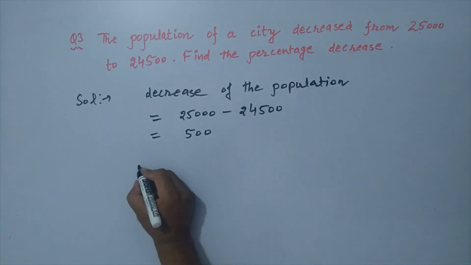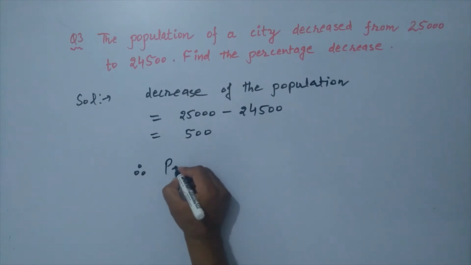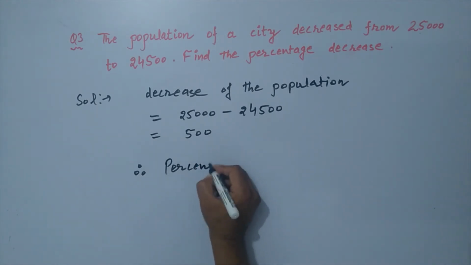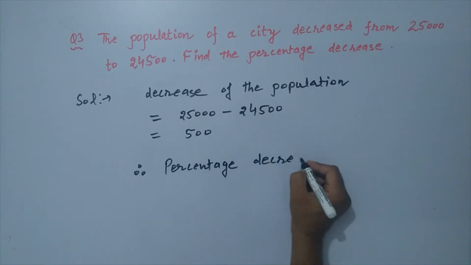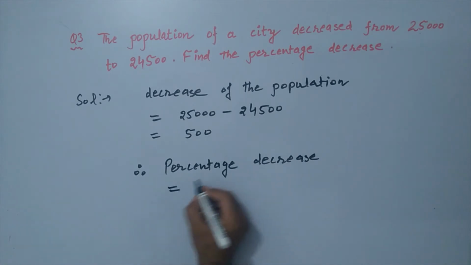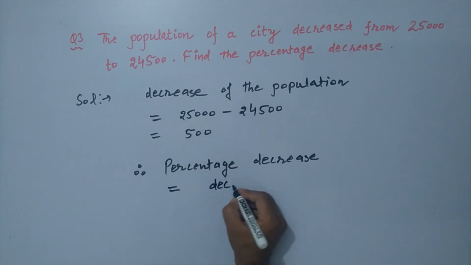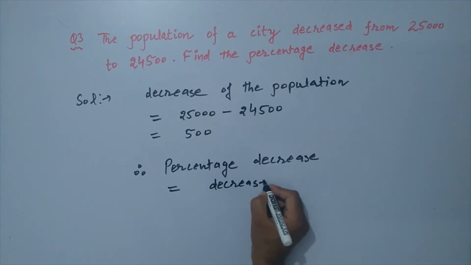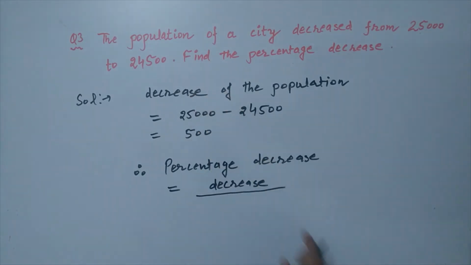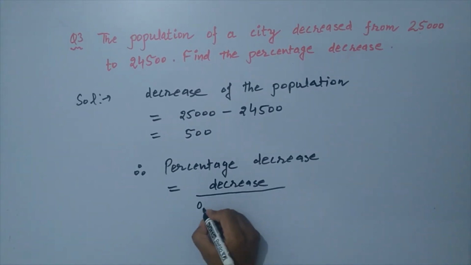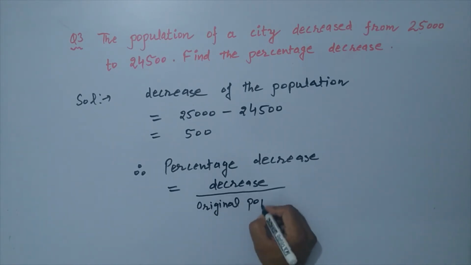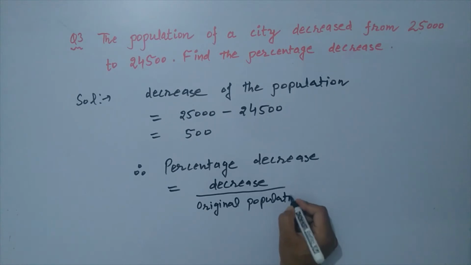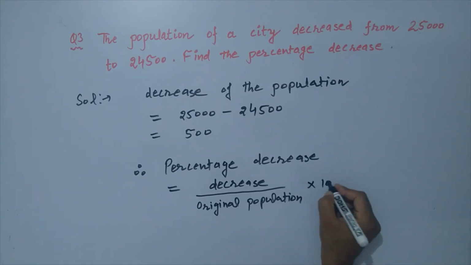Percentage decrease. Therefore percentage decrease is equal to decrease divide initial population. What was starting population? We write this original population into 100.